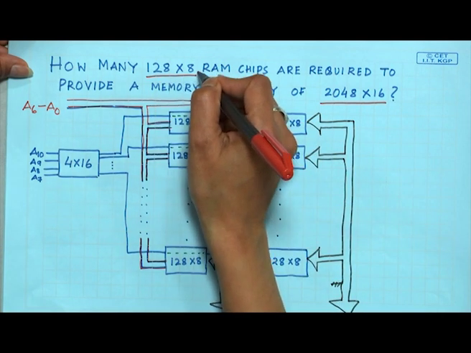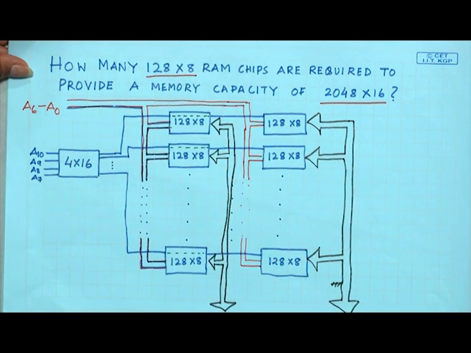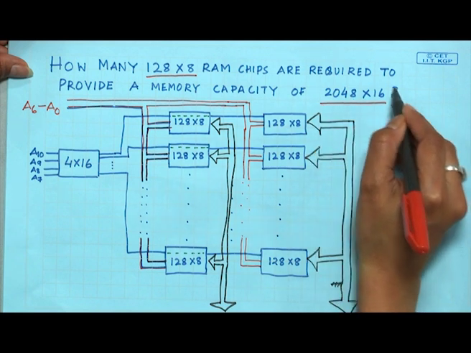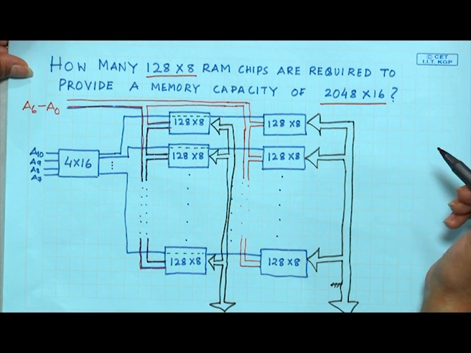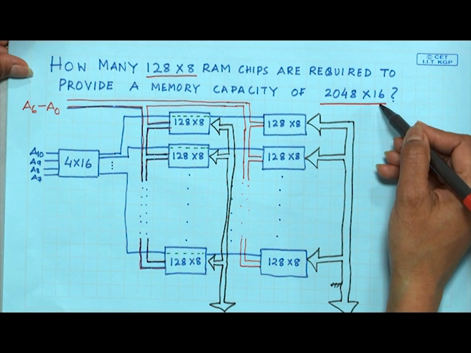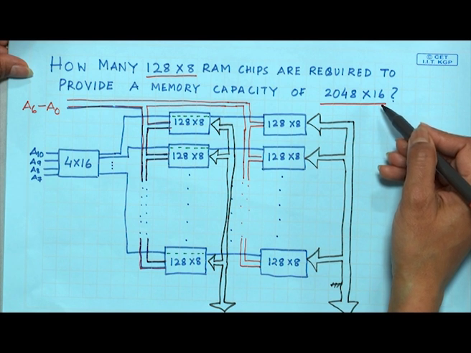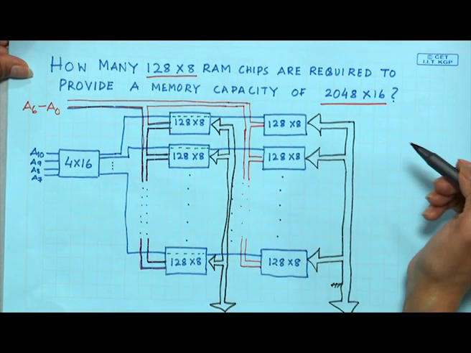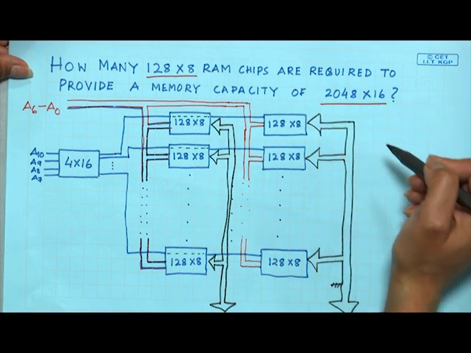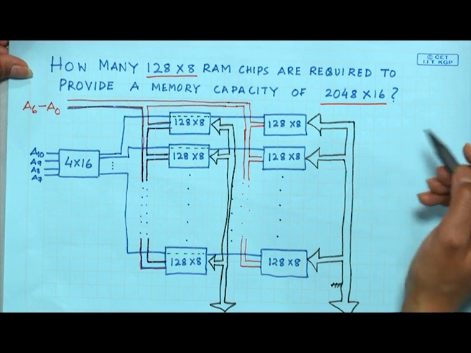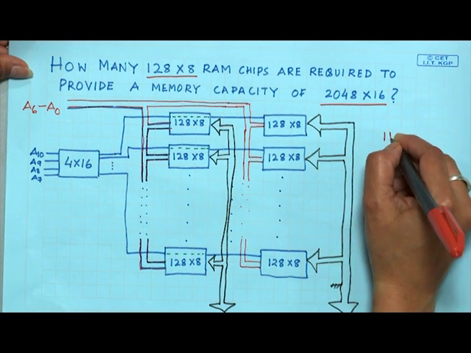If you divide this by this, how many chips do you require? You will require 32 chips. So, we require 32 128 cross 8 chips to build a memory capacity of 2048 cross 16. Let us now see, again there are 11 bits in the address.